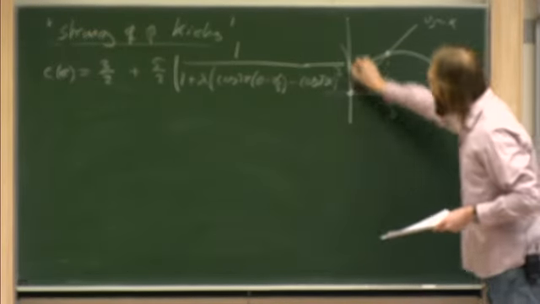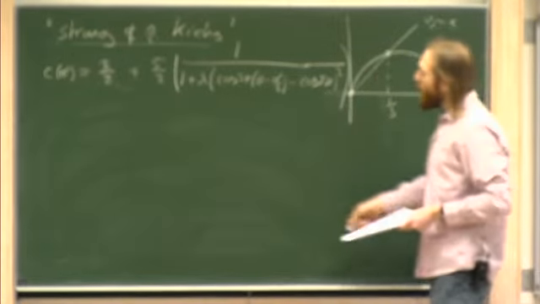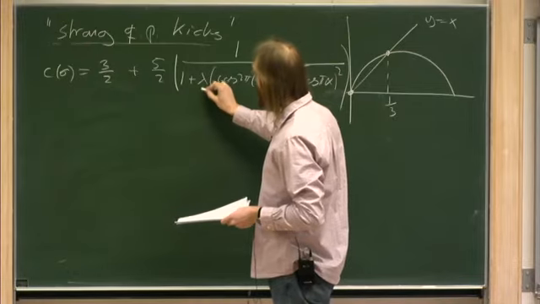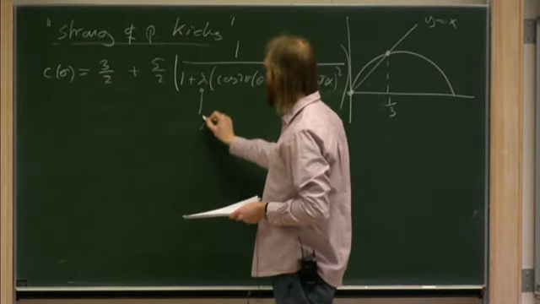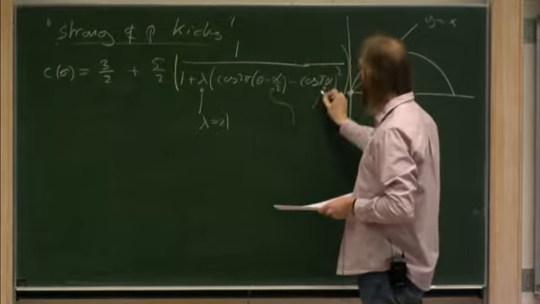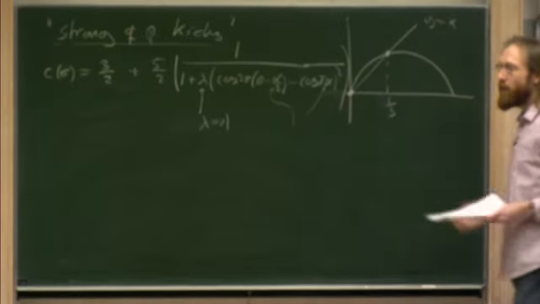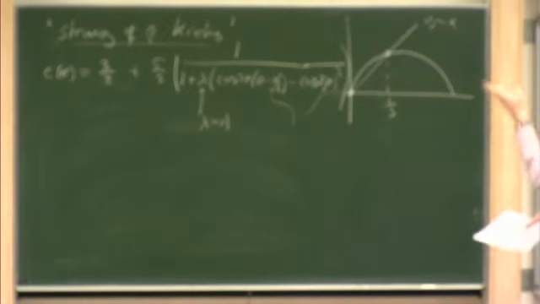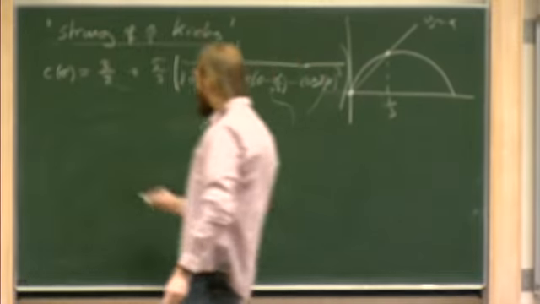There are two parameters. Lambda here we should think of as being very large, and alpha, which appears here, is a parameter which we vary.